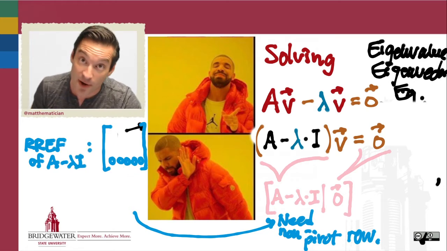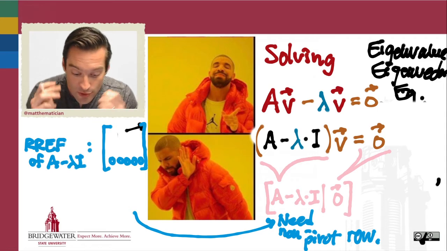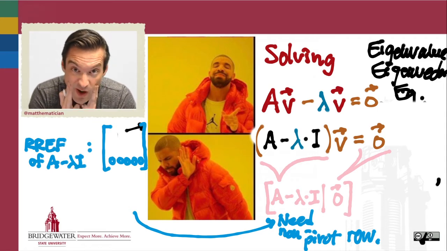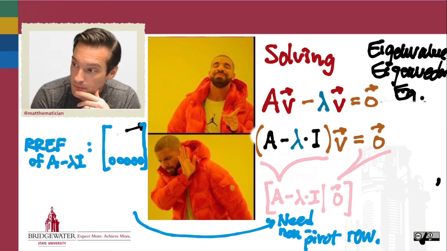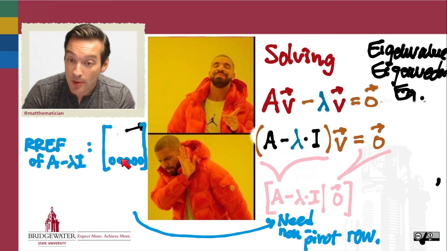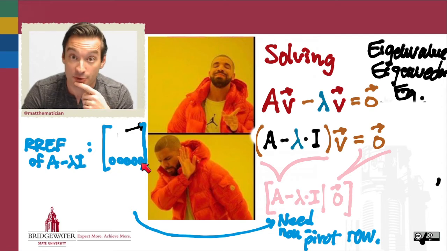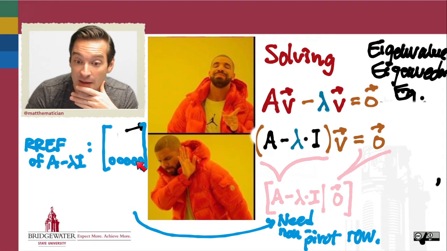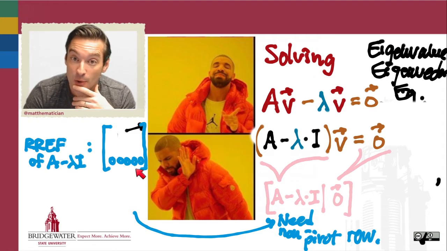But now here's my question. What is true about the determinant of a matrix which has a row of all zeros? One way to think about it is, let's say I took this row of all zeros and I multiplied it by 17. That would not change the entries on the row at all, right?